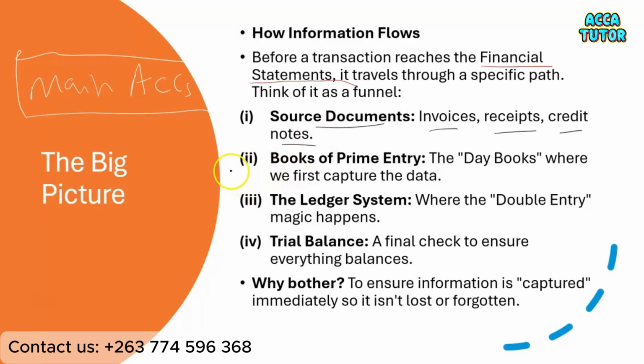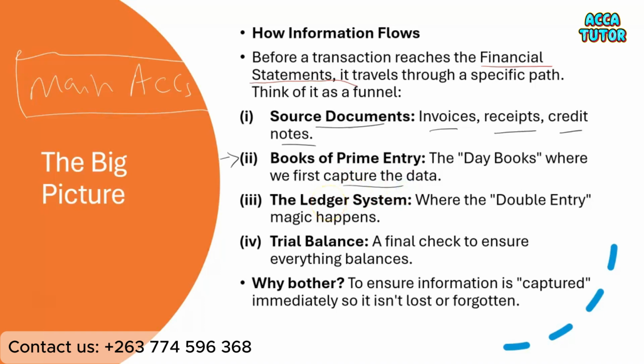After the source documents, we need to see the prime records where that figure was recorded before it is found in the financial statements. So a figure is taken from the invoice and then recorded in the books of prime entry, sometimes called the day books, where we first capture the data.